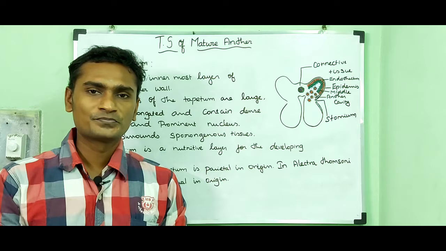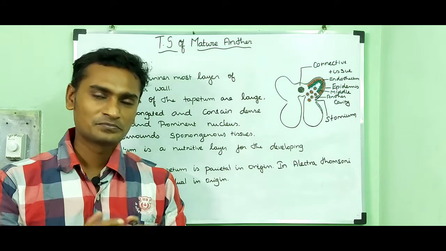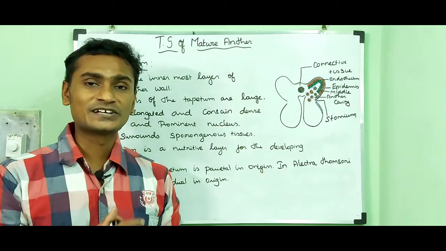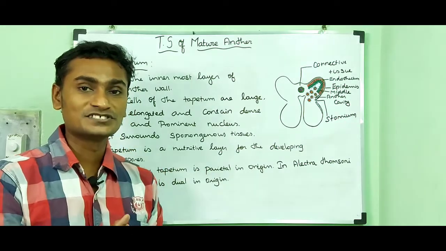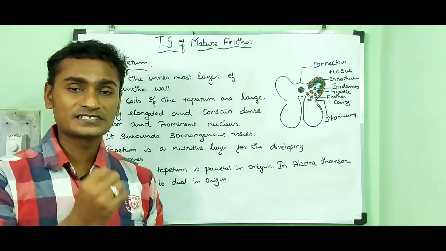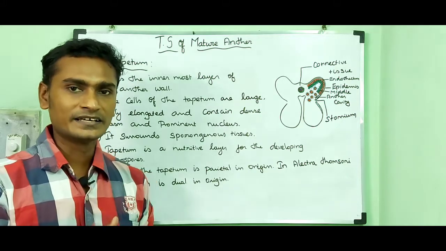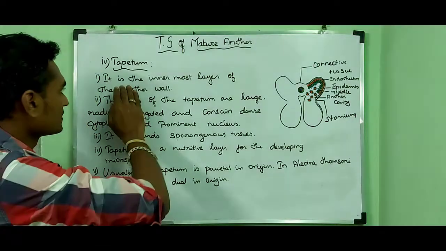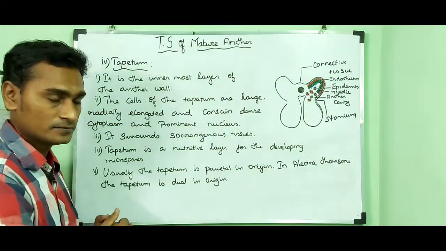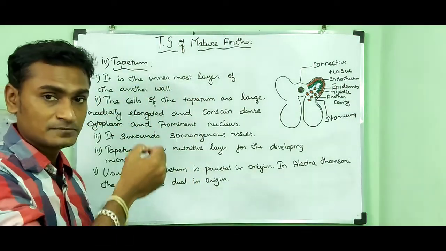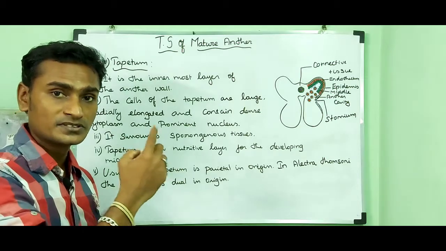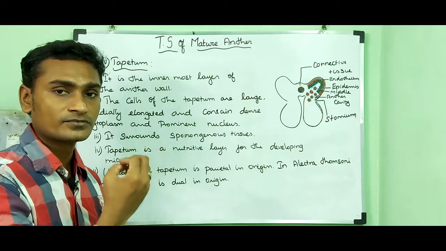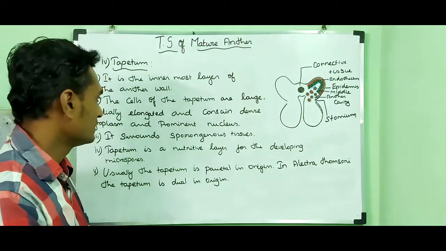Let me tell about the final layer called tapetum. Tapetum is the innermost layer of the anther wall, which is present beneath the middle layer, and it is parietal in origin. They are derived from the primary parietal layer.